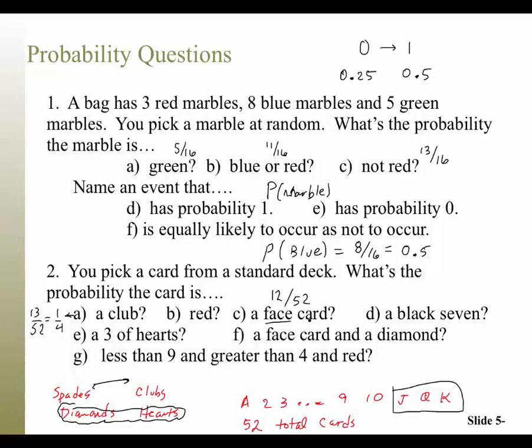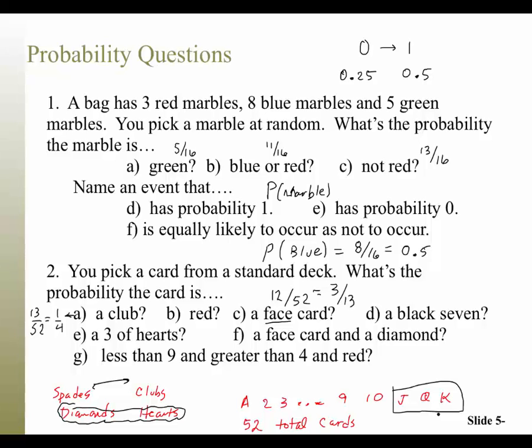But only the jack, queen, and king have the face of a person on them. So you've got four sets of jack, queen, king, which makes 12 cards out of the 52. If you look at one suit, it's 3 out of 13, and since all the suits are the same, it ends up being 3 out of 13, which is the same as 12 over 52.